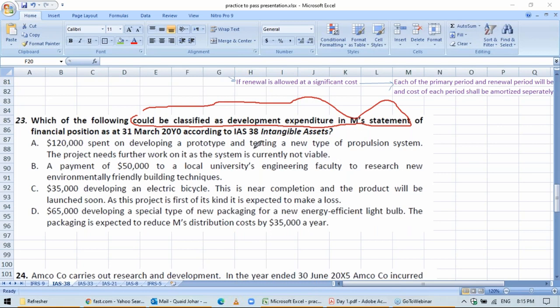Item A cannot be capitalized. Why? Not viable. Not viable, therefore cannot be capitalized.